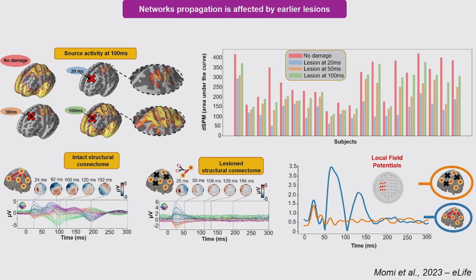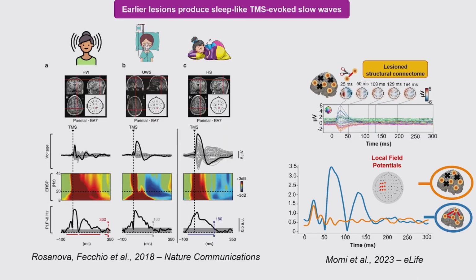For example, people found this in the context of anesthesia and coma, when we observe this sleep-like wave, the cortex is not responding anymore, and the subject is not responsive to external stimuli. If we lesion the connectome, we observe the same kind of similar responses.